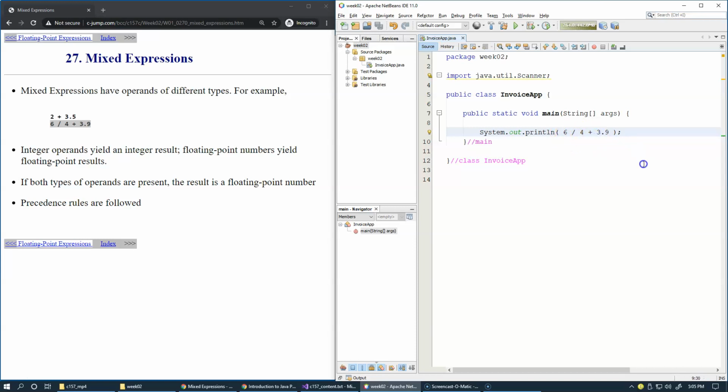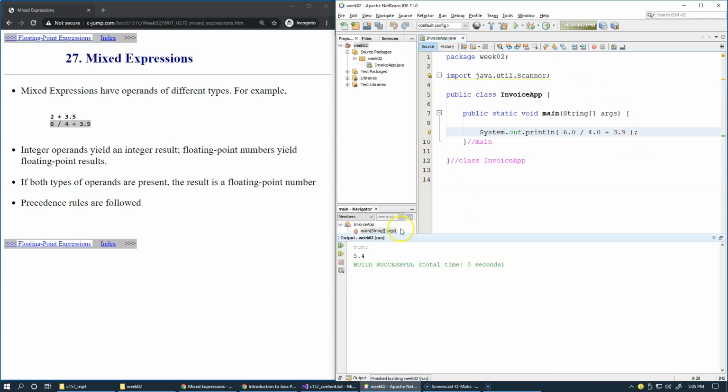If you want to make sure it works as expected, you need to change them to the notation of a double. If I run this, of course now it becomes 5.4 because it computes those as real numbers and then adds another double to them.